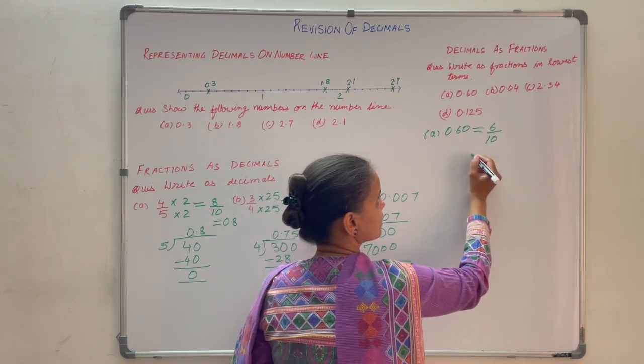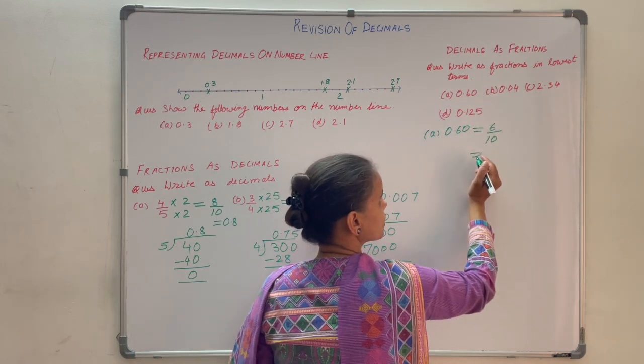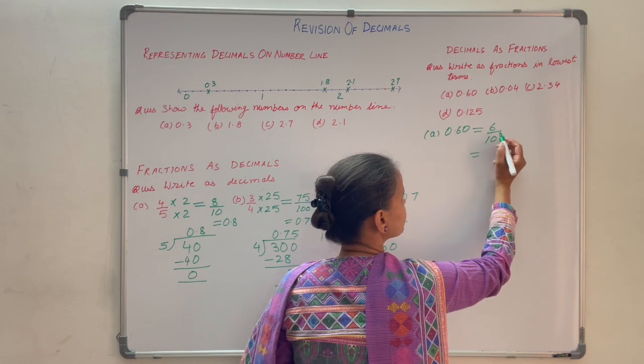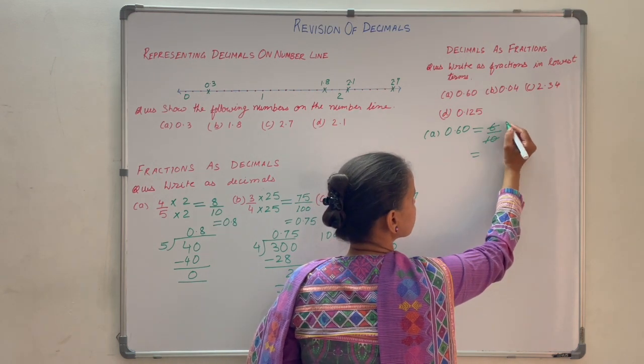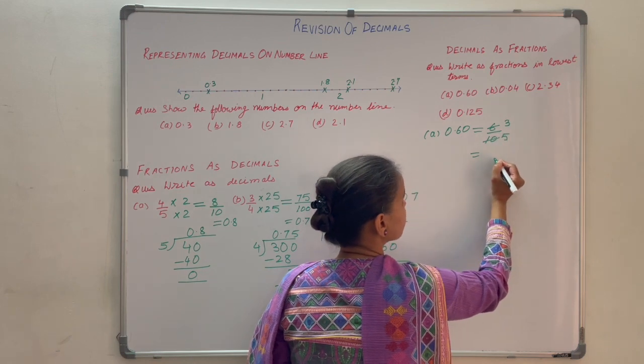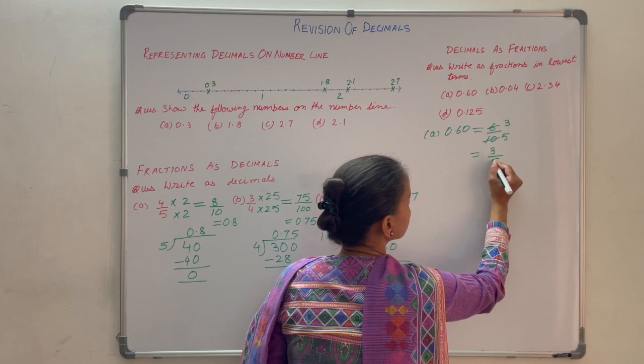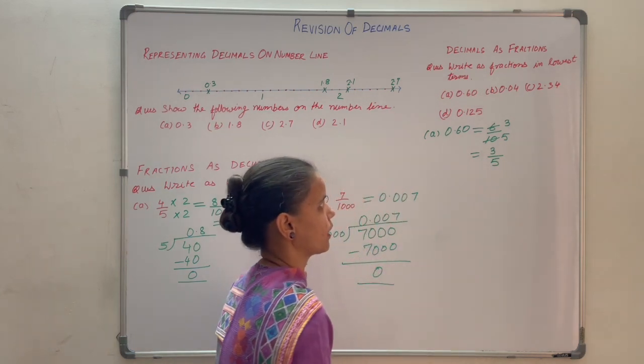So this 6 by 10, what is the common factor here? Because you have to write in lowest terms. The common factor is 2. So you can cancel this with 2. 2 threes are 6, 2 fives are 10. So what is the lowest form here? 3 by 5.